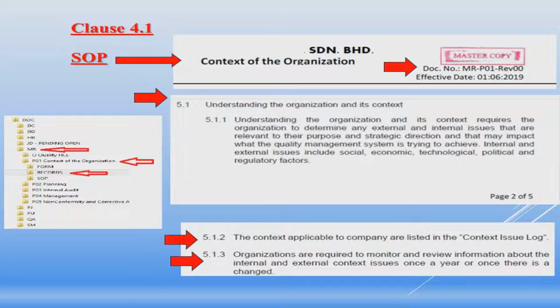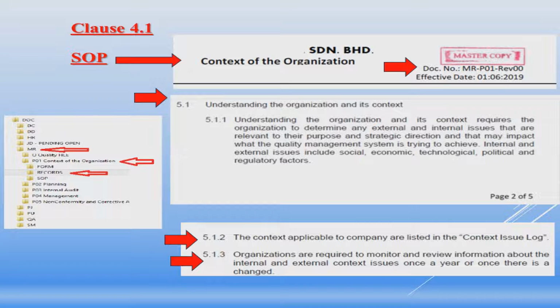Jadi secara umum, internal external issue termasuklah social, ekonomi, technological, political, regulatory factors. So the context applicable to the company is listed in the context issue log. So after you make the analysis, you write it down in the context issue log.